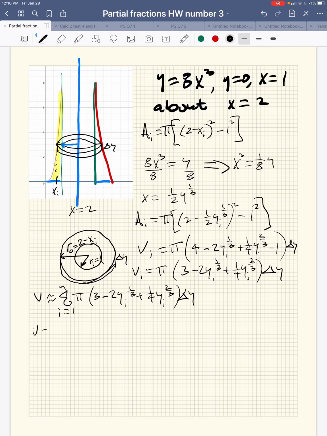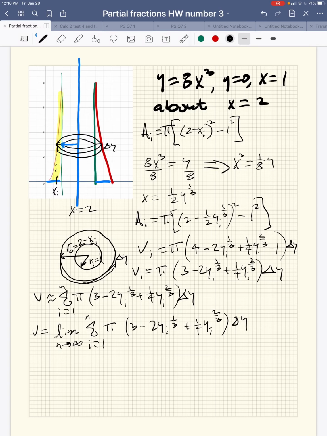And the actual volume we could get then by finding the limit as n goes to infinity of the sum from i equals 1 to n of pi times 3 minus 2 y sub i to the 1/3 plus 1/4 y sub i to the 2/3 delta y.